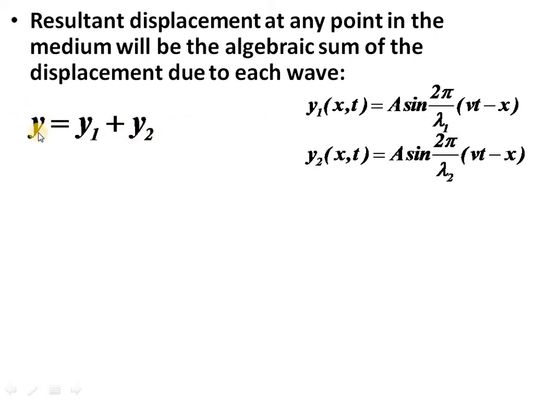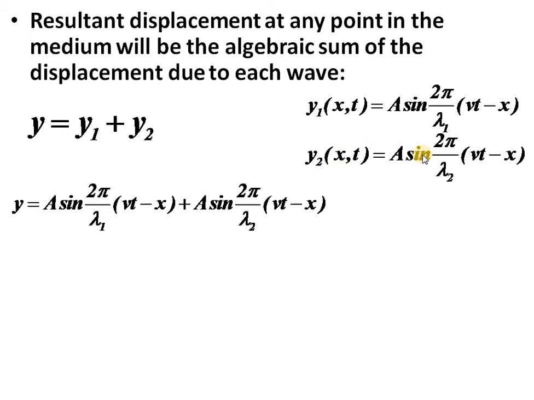Y indicates the vertical displacement at any point along the x direction. We have the complete expansion of y1 and of y2, so we add them together.